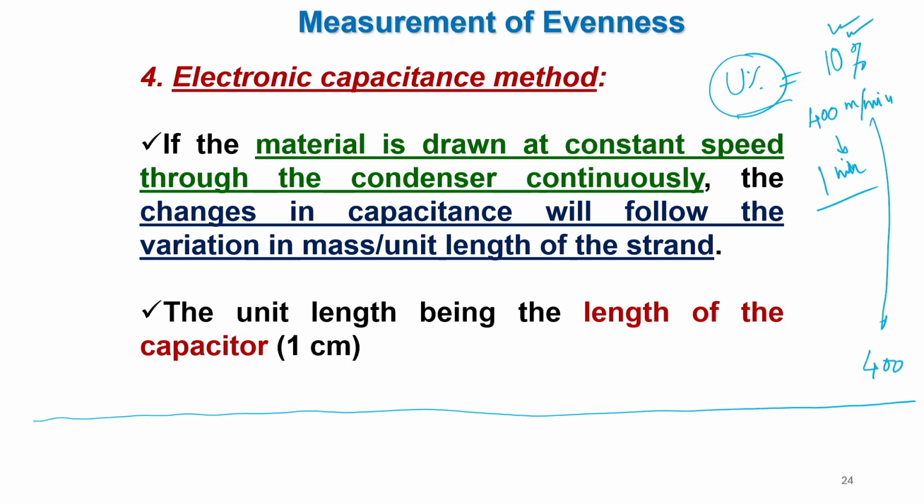So, what we will be doing is cutting this yarn into small pieces, each of 1 centimeter length, and theoretically we can measure the mass using a microbalance.